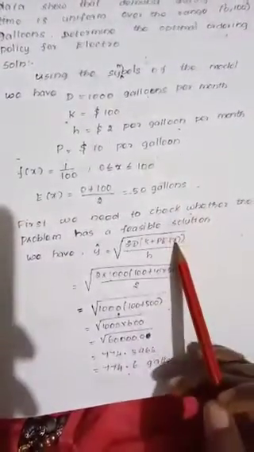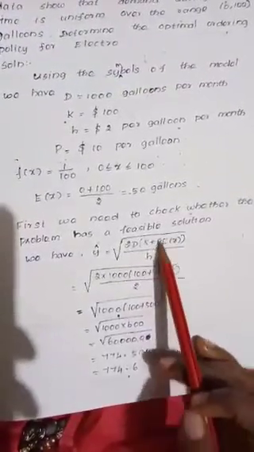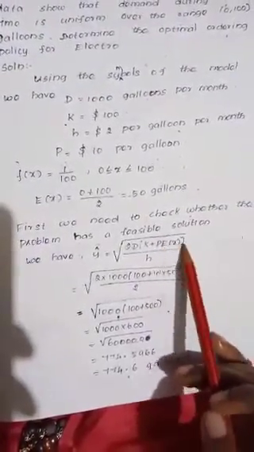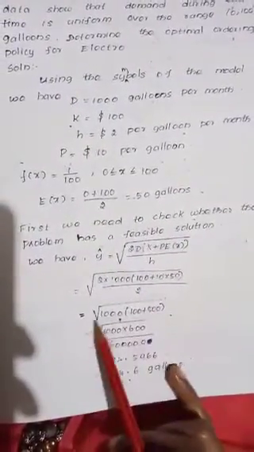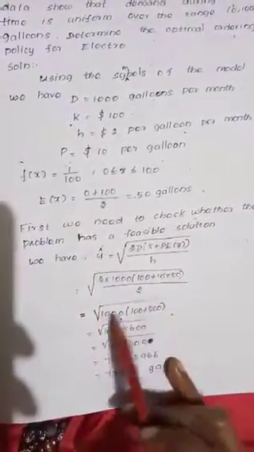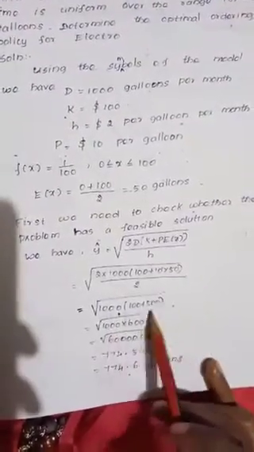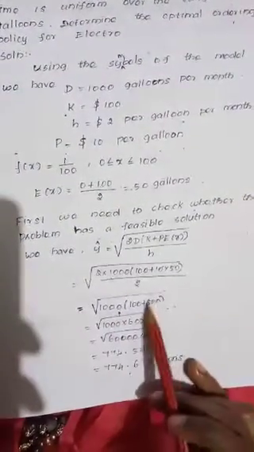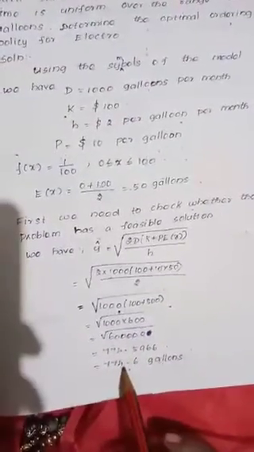We substitute all the values we know: root of 2 into D 1000 into K 100 plus P 10 into E of x, which we found to be 50 gallons, 50 by 2 is equal to 2 cancel, which is equal to root of 1000 into 100 plus 500, which is root of 1000 into 600, which simplifies to 774.6 gallons.